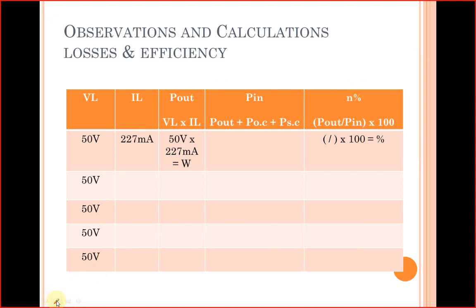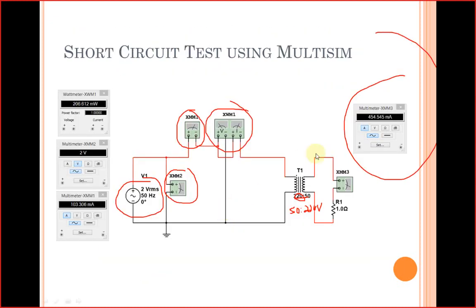Then there is a table for efficiency, and as we know, the secondary of our transformer is rated at 50 volts, so this VL will be 50. Then we will have some load currents. Load current will be actually the value of current on the secondary of the transformer.